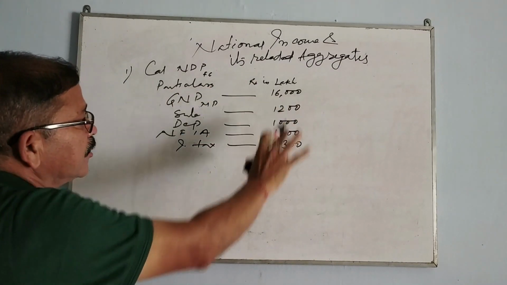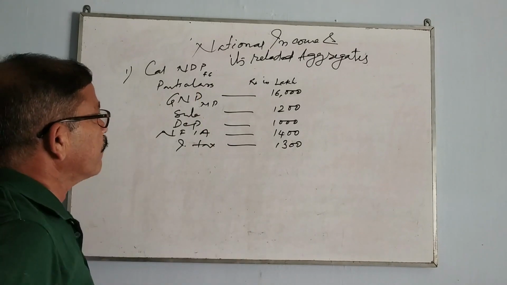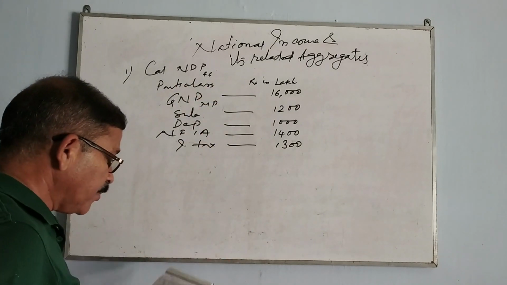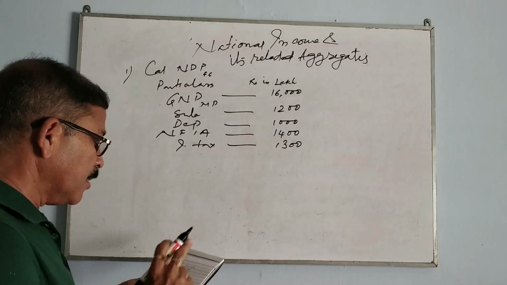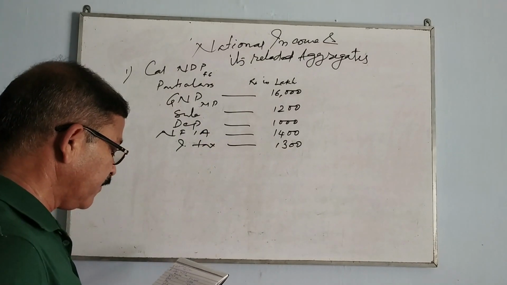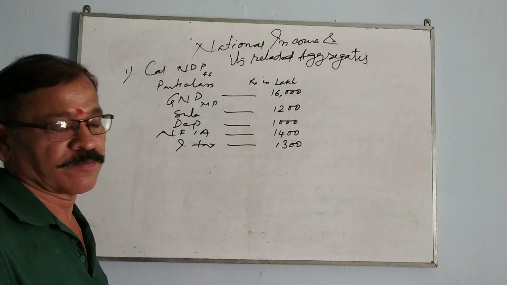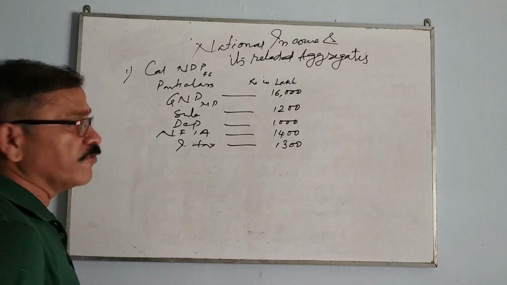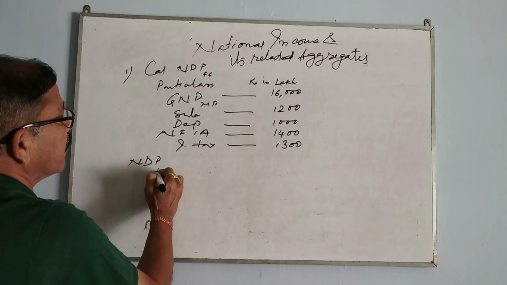This is the numerical given to you and you are asked to find out NDP-FC. So what are the particulars? GNP-MP 16,000, subsidies 1200, depreciation 1000, NFIA 1400 and indirect tax 1300. What you have to calculate is NDP-FC.